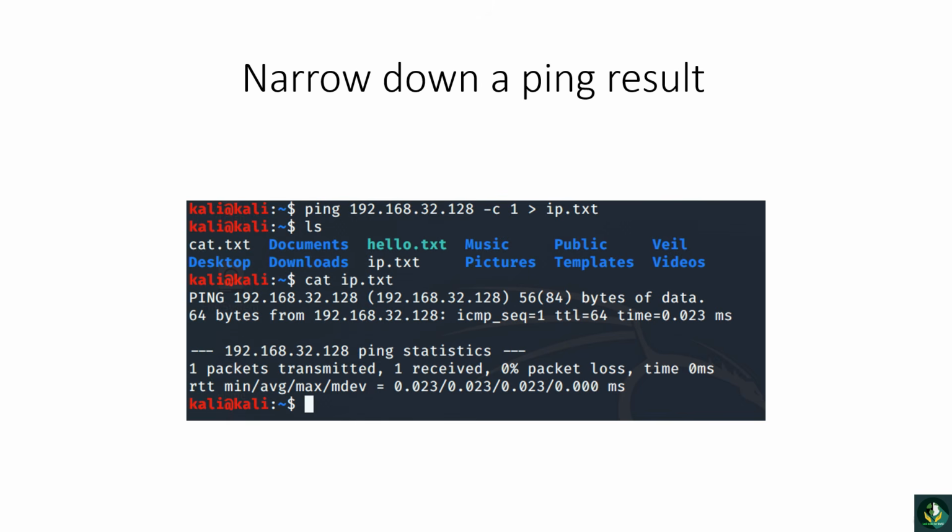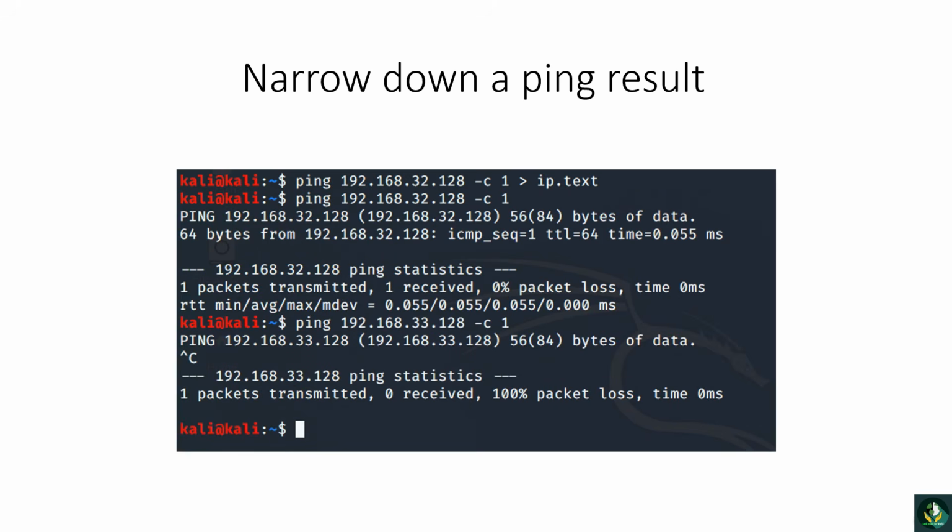So now we are going to put the command into a text file, and with the command shown in this picture, we can just get the text file and it will show the same result as previously. Now we want to narrow down the result and decide what we want to extract from here. In this example, I am interested in the return IP address that has a valid response.